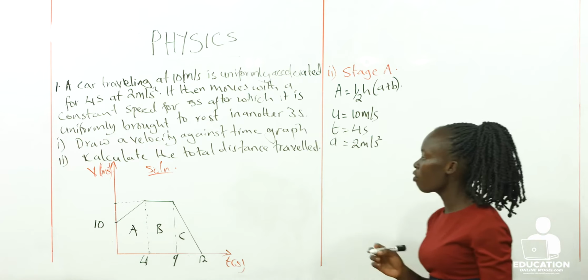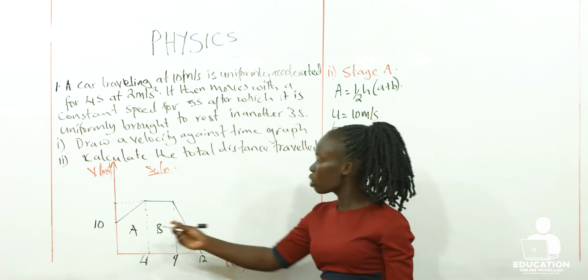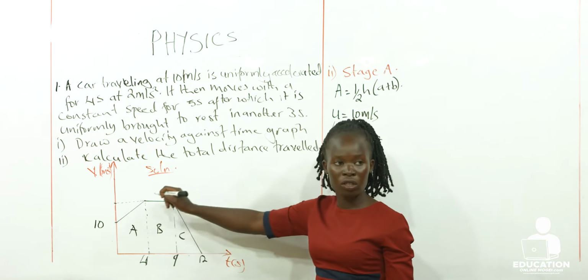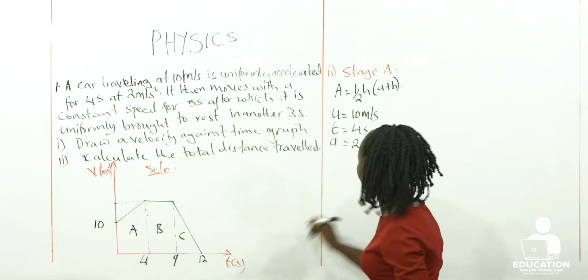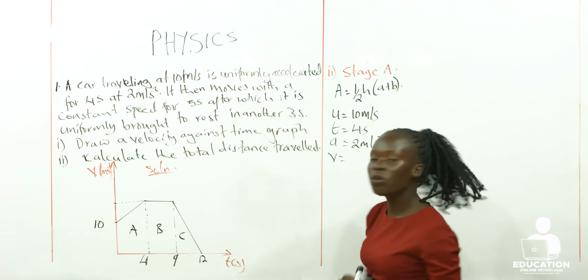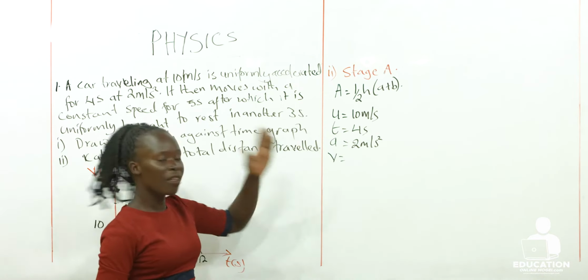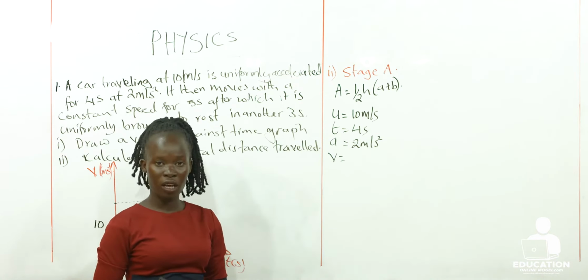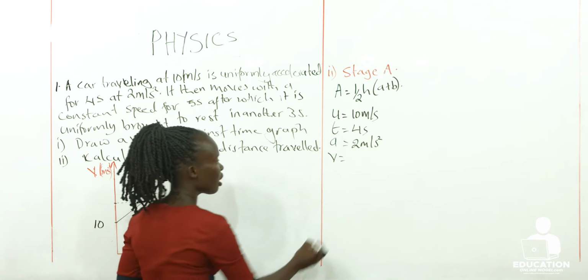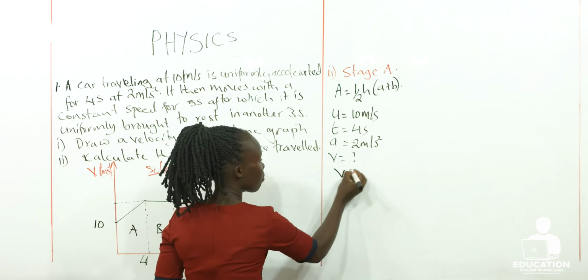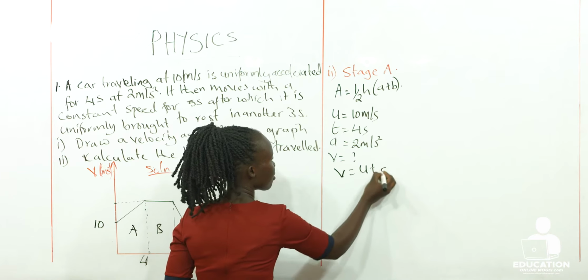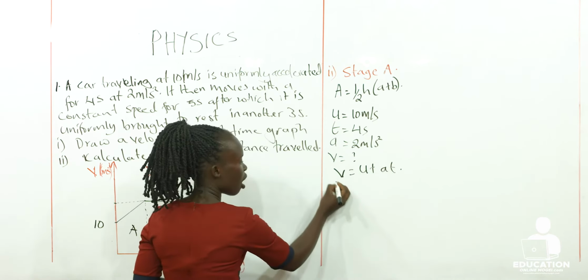Now you have that. What don't we have in our question? We do not have the final velocity. So our final velocity there is the v. How do we get the v? We can get our v from the equation of motion, the first equation, which tells us that v is equal to u plus at.